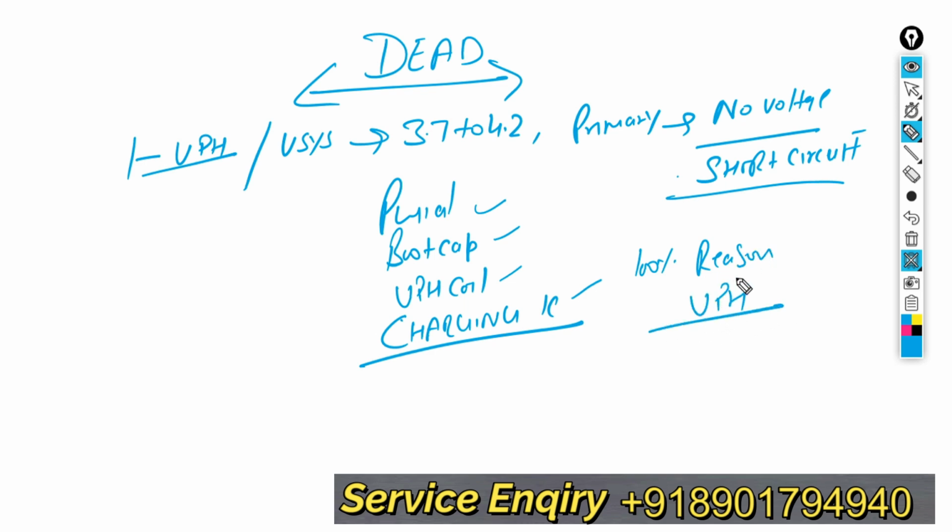Because in this video we talk about the buck section, we did not talk about VPH in detail, just normal information. VPH is the most important part. So if VPH is not there, first work on VPH, make the VPH, and after that go to the power IC. Clear? Now let's go to the buck section.